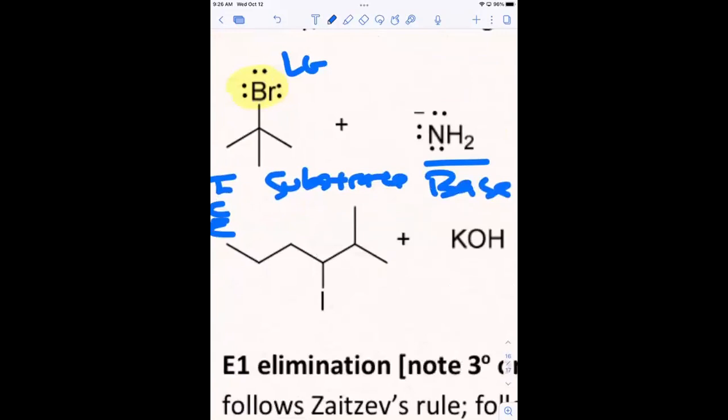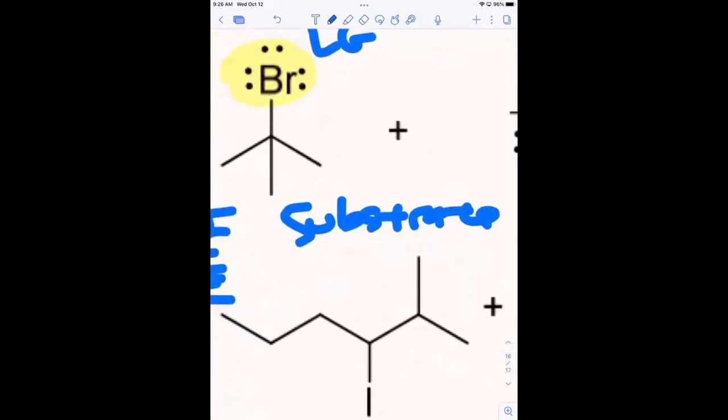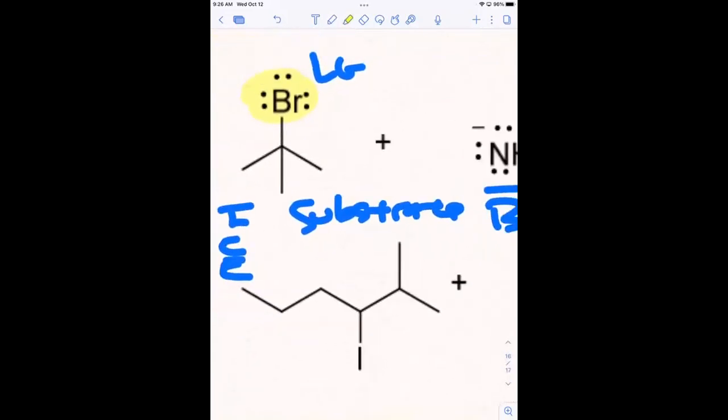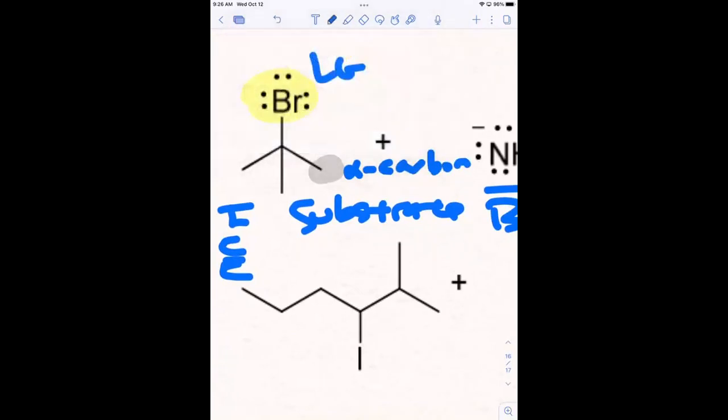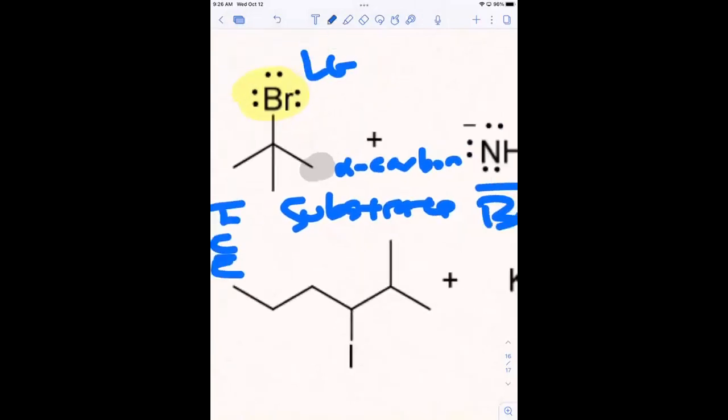I'm not going to show the arrows here because I want to use the other example to do that. But adjacent to your leaving group, you have an alpha carbon, right? And that carbon has hydrogens on it. Is that right? This is a CH3.